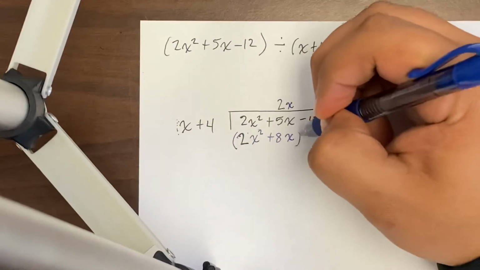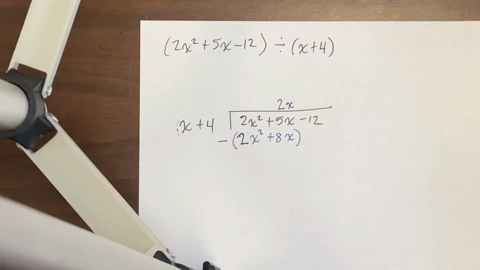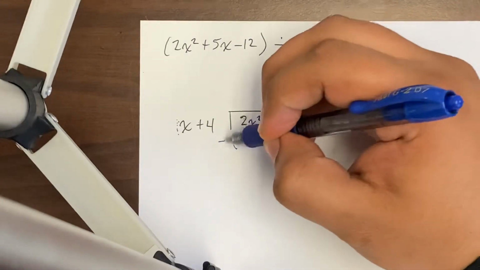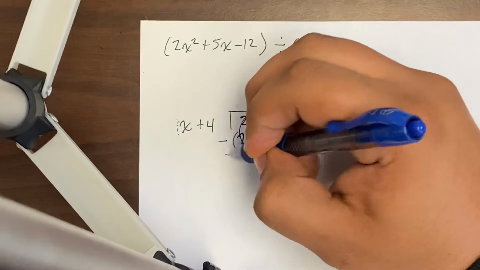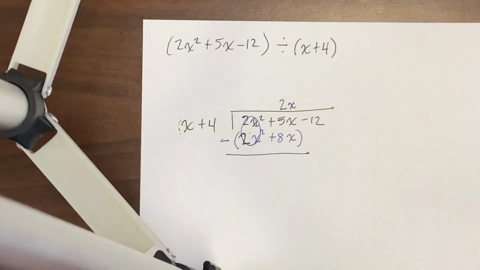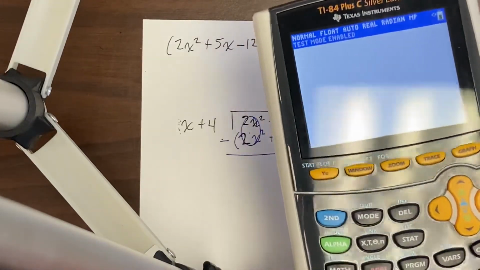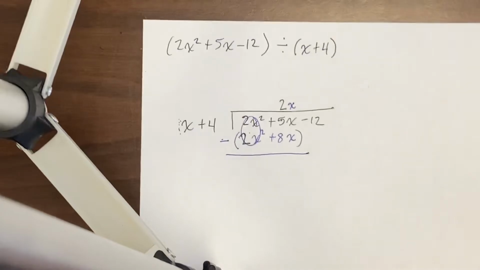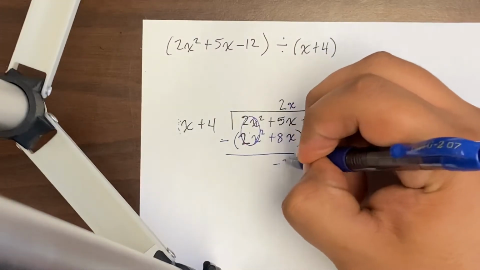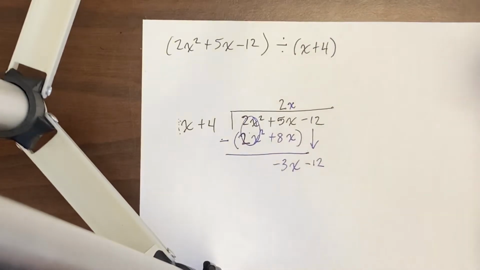And now we take this and subtract it because we always subtract in division. Let's do it. 2 minus 2, that's 0. Beautiful. 5 minus 8, I'm not sure. I'm going to double check. 5 minus 8, negative 3. Negative 3x. This is left over. We got to bring it down. Okay.